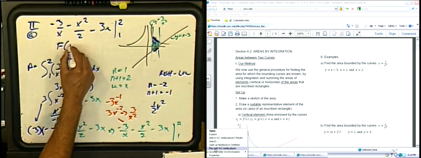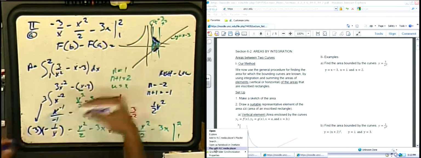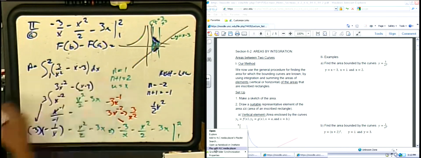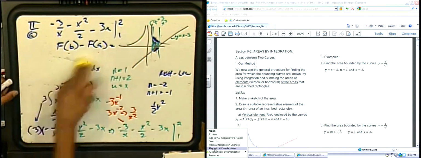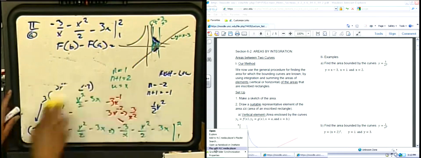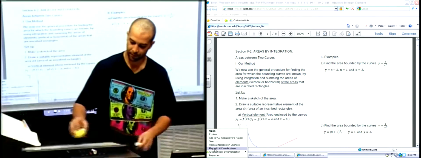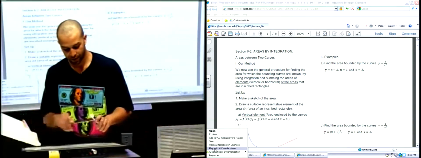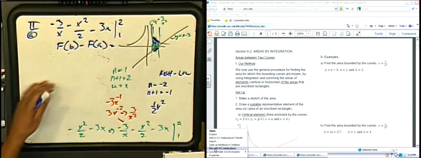F of b minus f of a equals the area, high minus low. And here you just plug this into the calculator. You just need to make sure you show them all the work that you can.